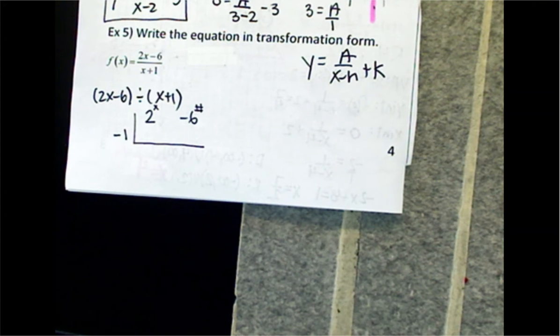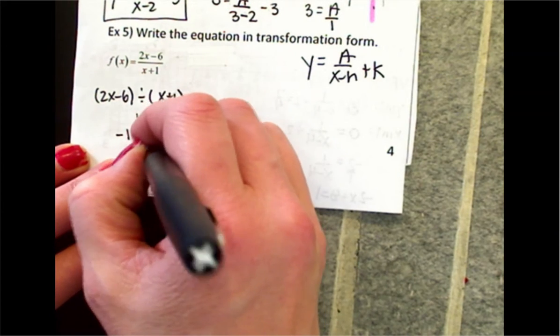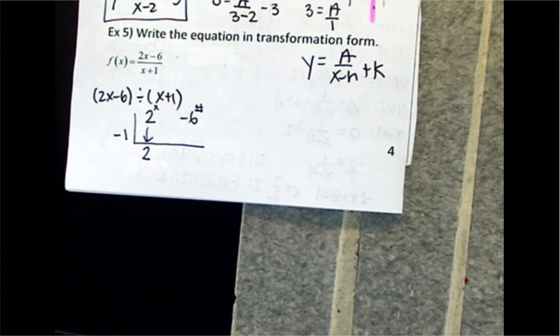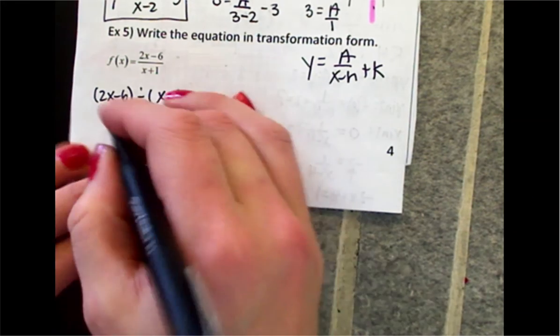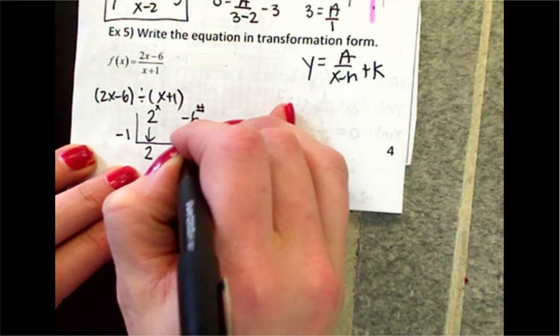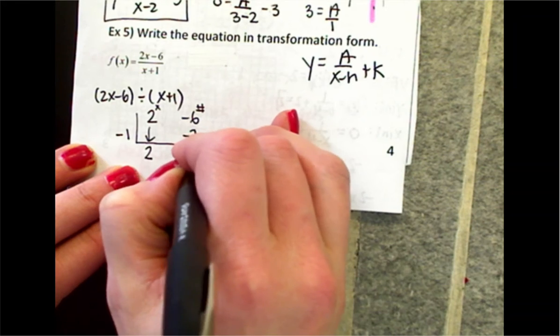Synthetic division is nice because it's meant for linear factors. The 2 comes down. What makes Algebra 2 so much harder than Algebra 1 is this is now Unit 6, and that's a skill from Unit 4. And I do expect you to remember that you can divide with it. Negative 2, minus 8.